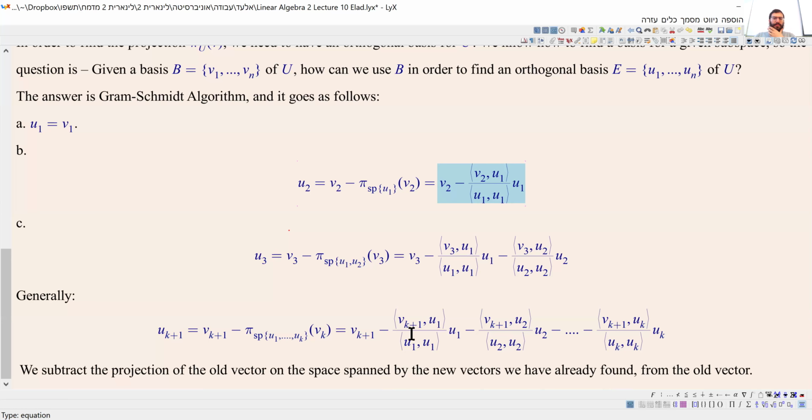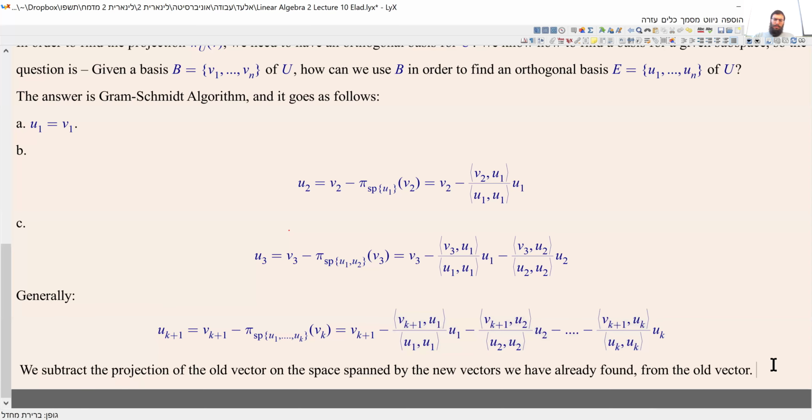But before we prove it, it's a big formula. It's not the most terrifying mathematical formula ever, of course, and we can write it down pretty easily with a sigma. But yes, it's multiplications, denominators, numerators, minus, plus, projection, span.